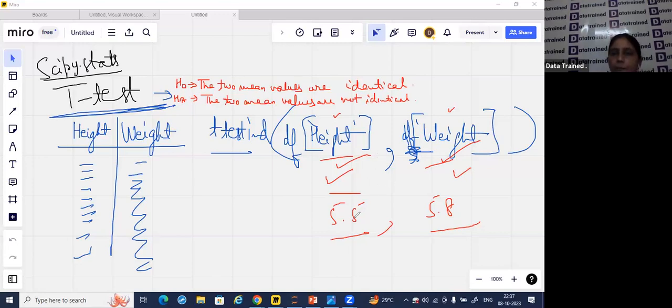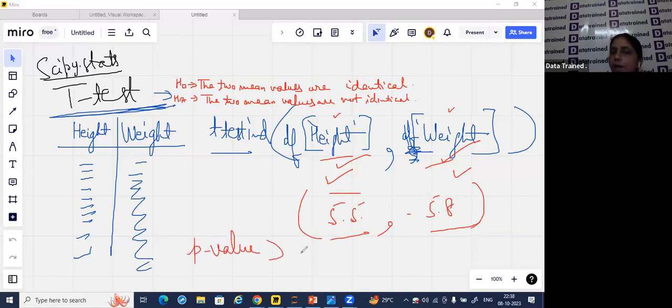Now, when I get 5.5 and 5.8 as the values, one can say that yes, their mean values are identical, they are nearby. In this case I need to check the p-value.